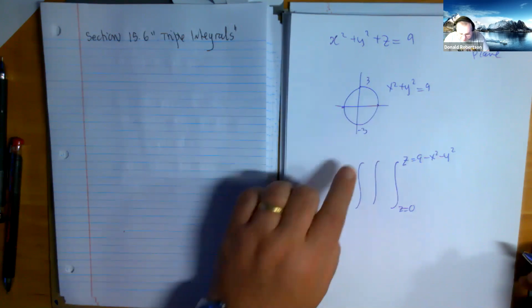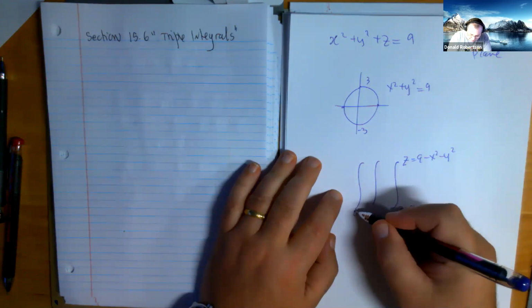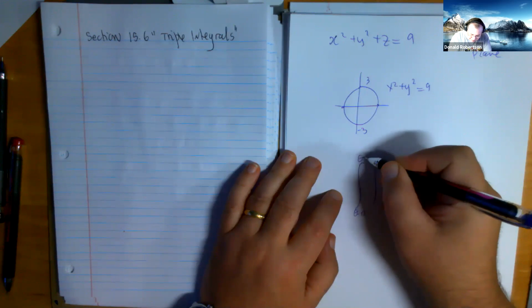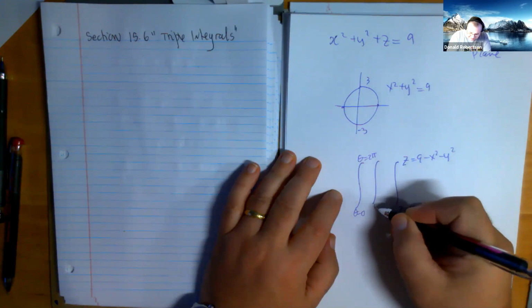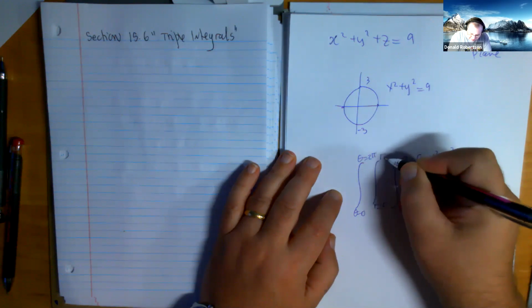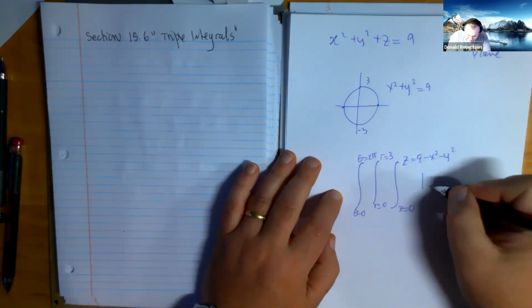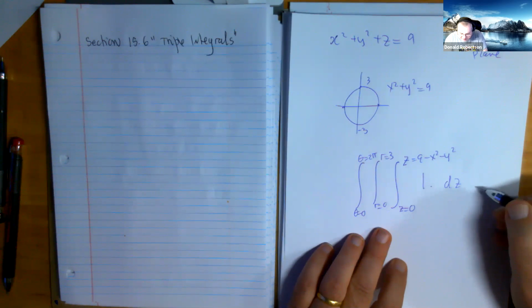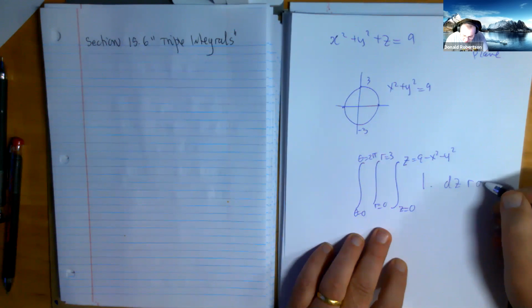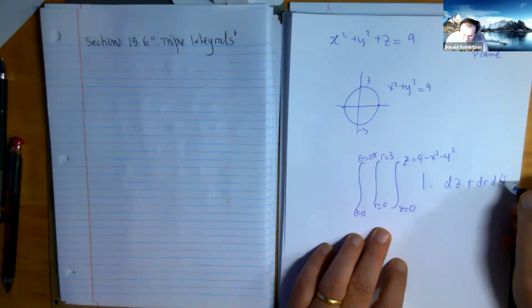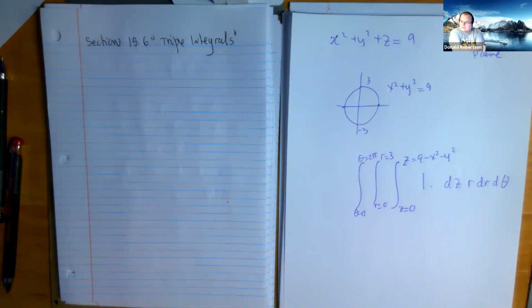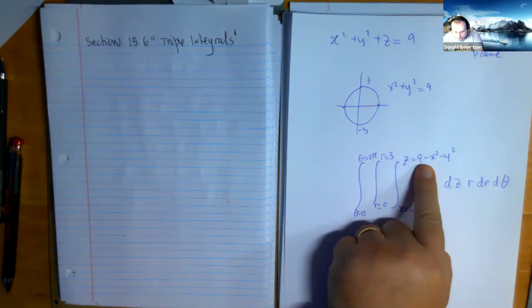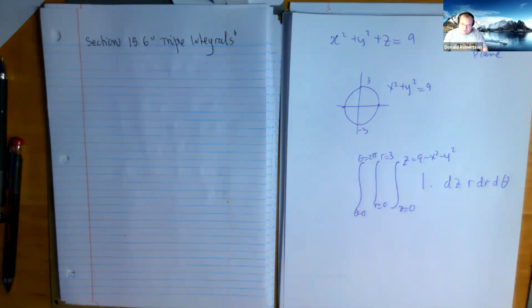Well, if you're doing this in polar, won't you go from theta equals 0 to theta equals 2 pi, and r equals 0 to r equals 3, and it's going to be a dz, and instead of a dx dy, can't we do an r dr d theta? And I don't want x's and y's anymore.